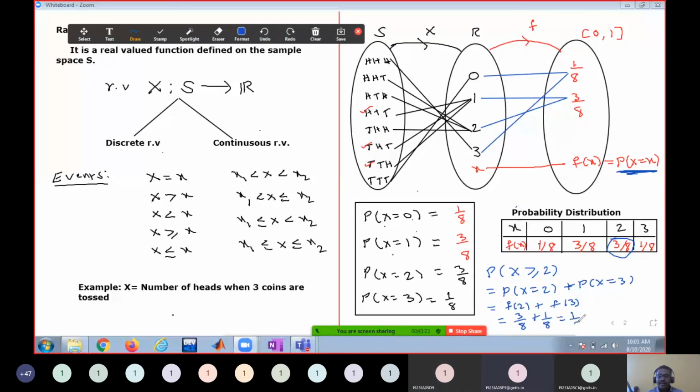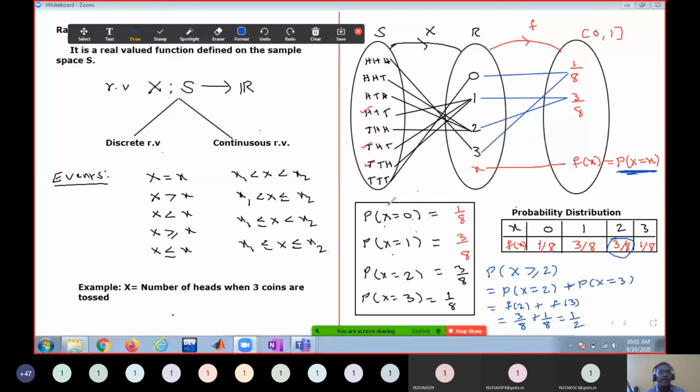So the answer is 1 by 2. That's it. Once you have the distribution table, whatever probability you want, you can simply look at the table and get the answer. Is that clear? This is called the probability distribution.